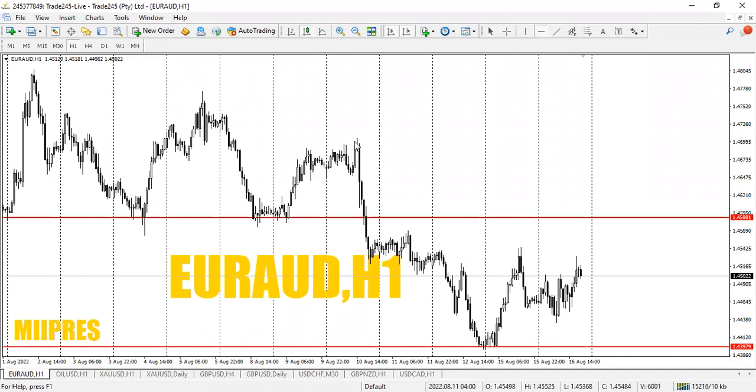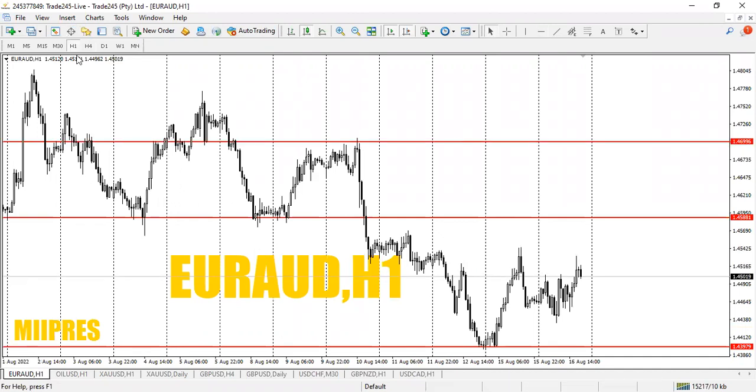You want to sell it over here, as you can see: nice structure, break, come back, then break a level. That level has not been tested as yet, because that level was first touched, touched again, and fell over there.